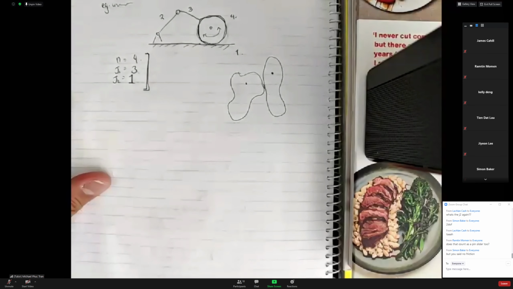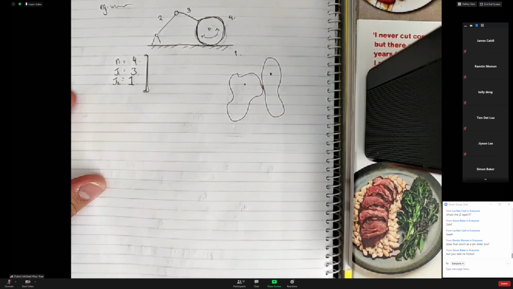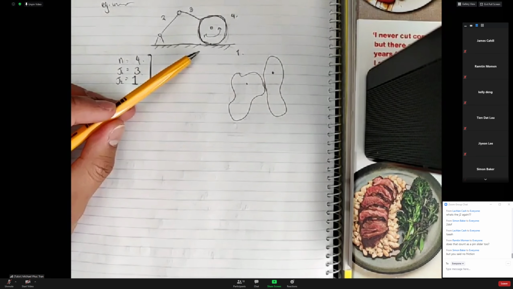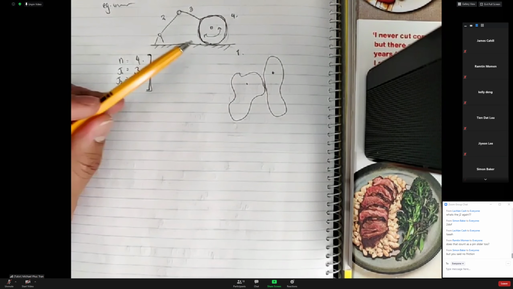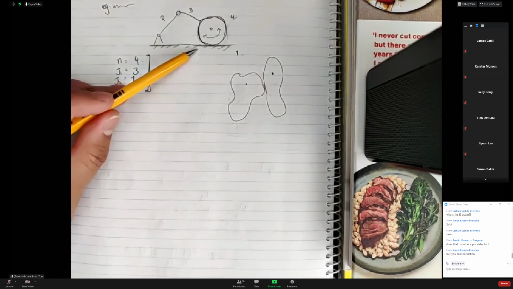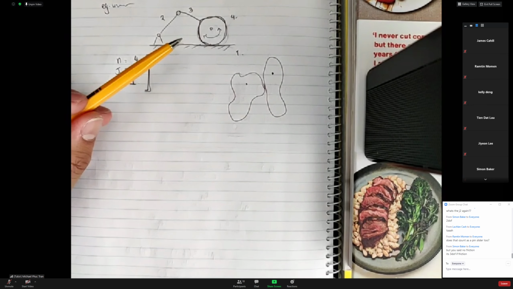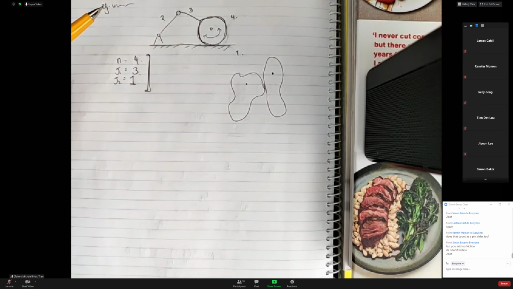Does that say no friction? Yeah, it did say no friction. If there was friction, it's 3 off if friction. Do you reckon?